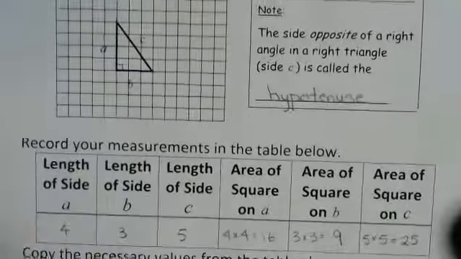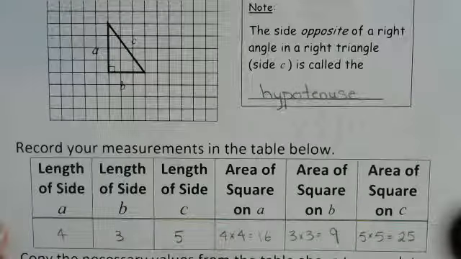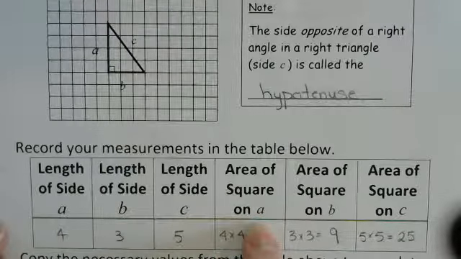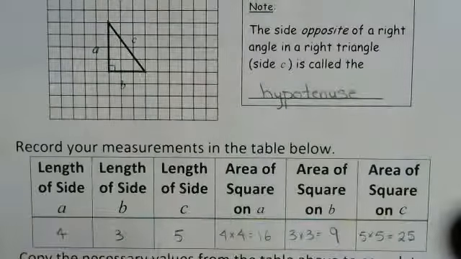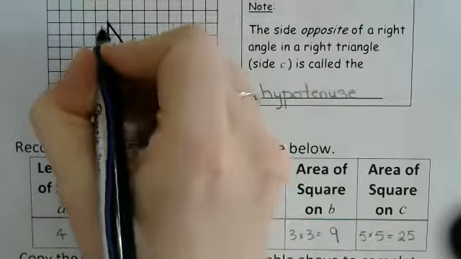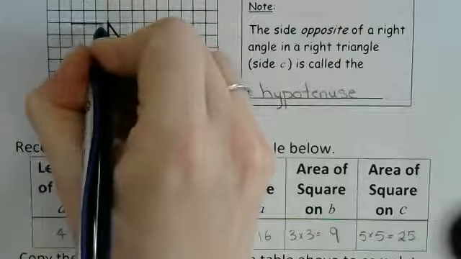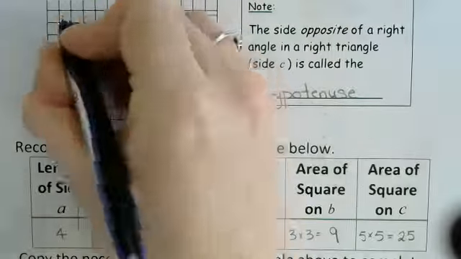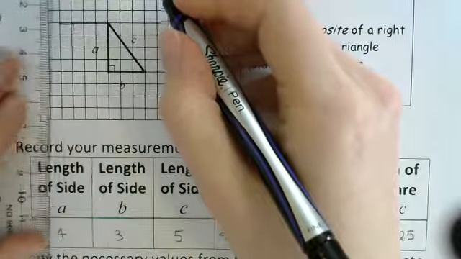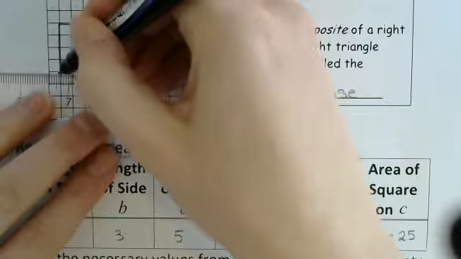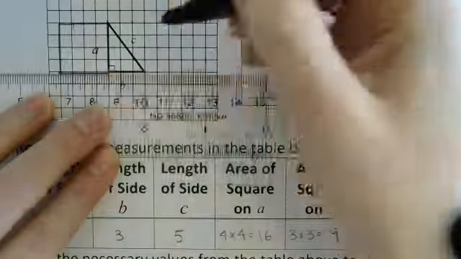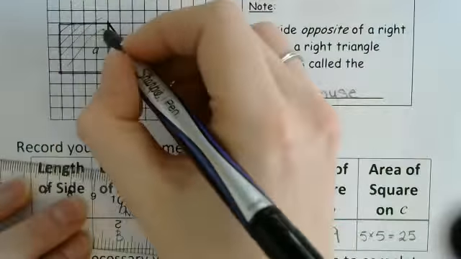So what we're actually doing is, if you picture it now, what we did was we literally took the area of the square on A. So what does the square on A actually mean? If I grab one color, it means if I were to actually draw a square off of A, so this is my A, if I were to grab, always use a ruler, and draw a square off of side A, that would look like this.